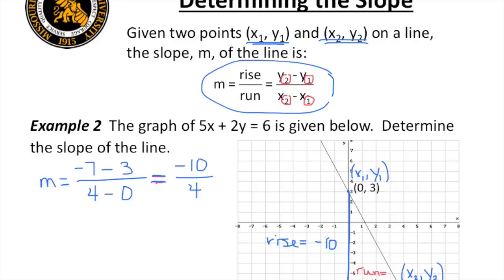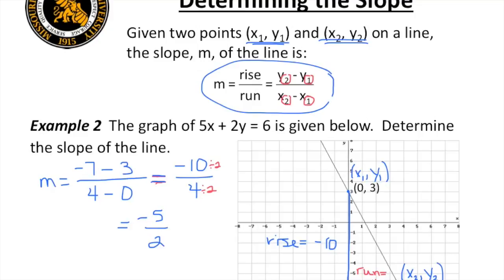Notice also that this particular fraction can be simplified by dividing numerator and denominator by the common factor of 2. So our slope in simplified form is -5/2. One other comment: if I had used two different ordered pairs in my graph, I would obtain the same slope.